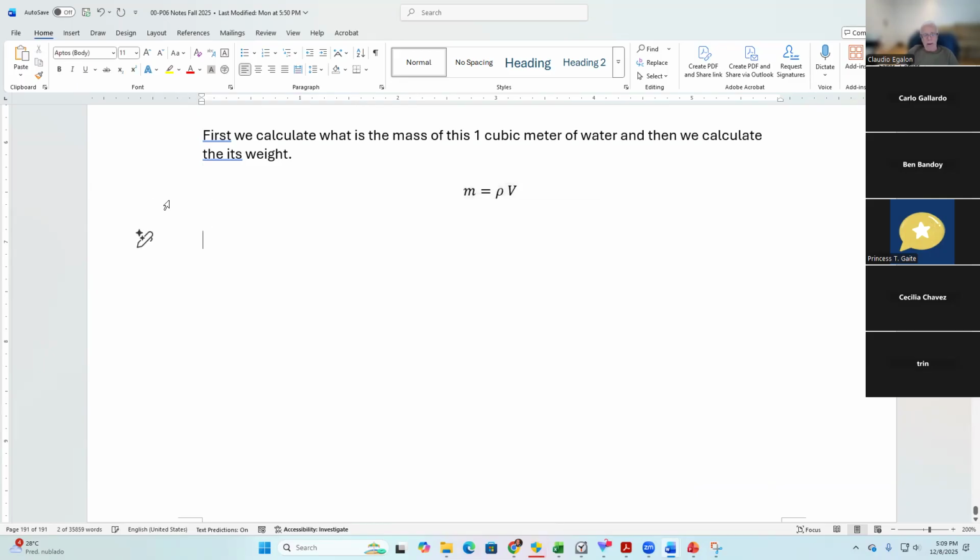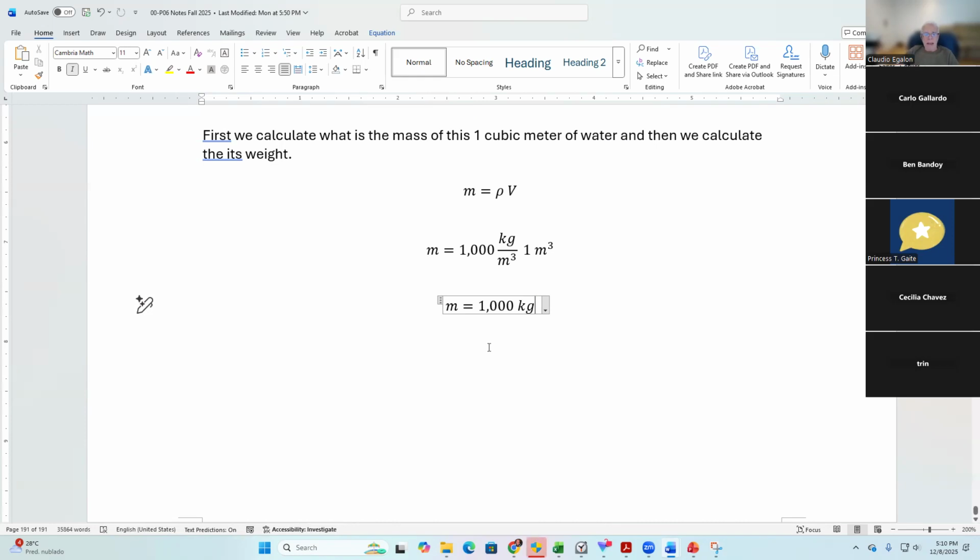The density of water we already calculated, that is 1,000, wait a minute, not 1,000 cubic meter, it's 1,000 kilogram per cubic meter. And the volume, we already said that is 1 cubic meter. Cubic meter cancels out with cubic meter, so we are left with 1,000 kilograms.